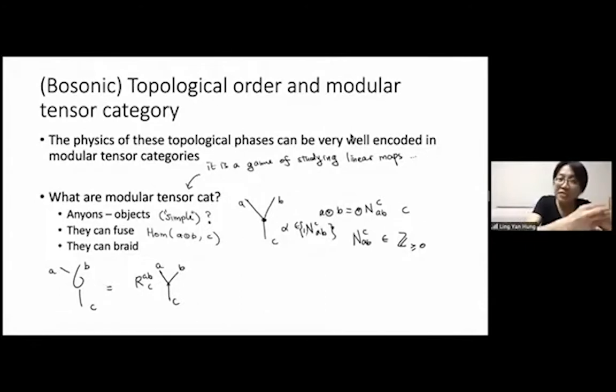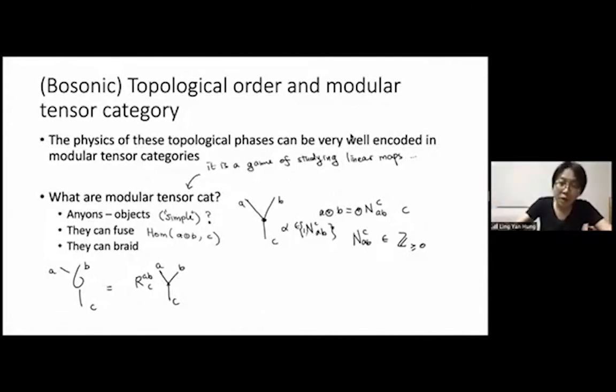So what can anyons do? Each of the things that you can think of anyons doing is one extra mathematical structure in these tensor categories. They can fuse. If two anyons are very close to each other, and I'm very far away, it would appear to me that these two anyons are just one anyon. I can't distinguish them apart.